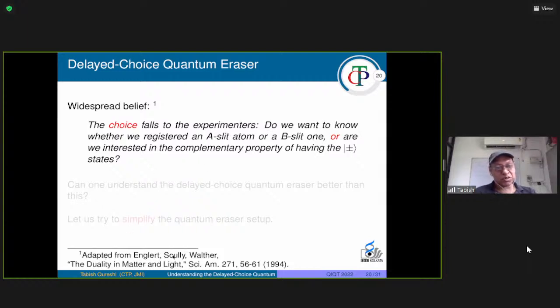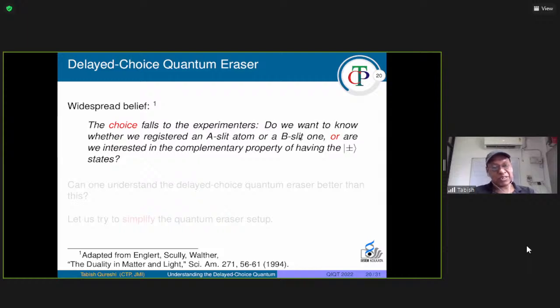So the view of this author, which is as of now widely followed, is that you can still choose after the particle lands on the screen whether you want to find out which slit the particle went through or whether you want to recover interference.